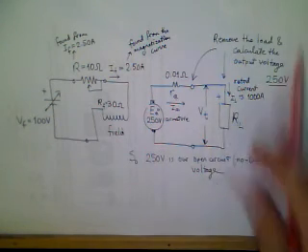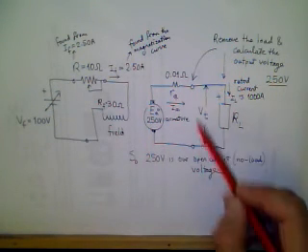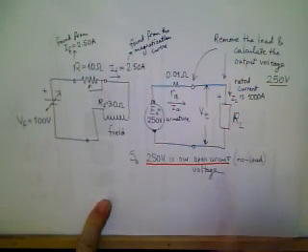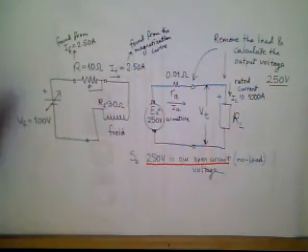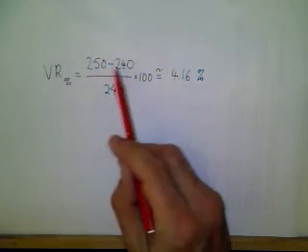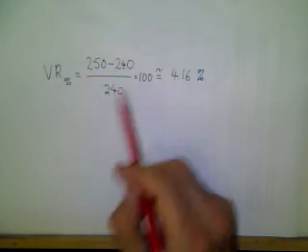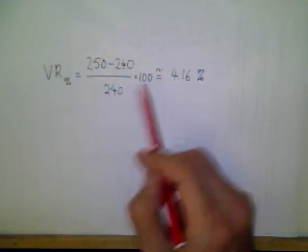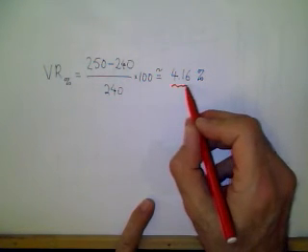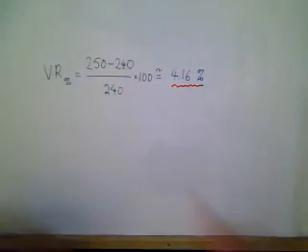So if we remove this resistance, the open circuit voltage equals 250 volts. So the regulation can be calculated by taking the difference, dividing by full load voltage, and expressing in percentage, which gives us 4.16%.